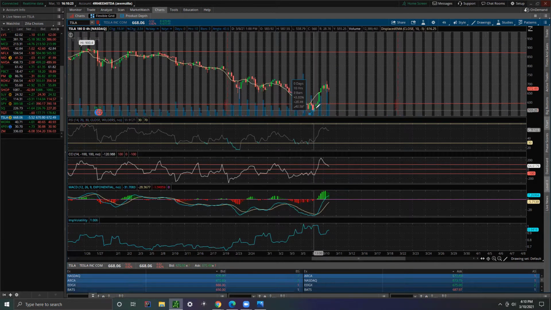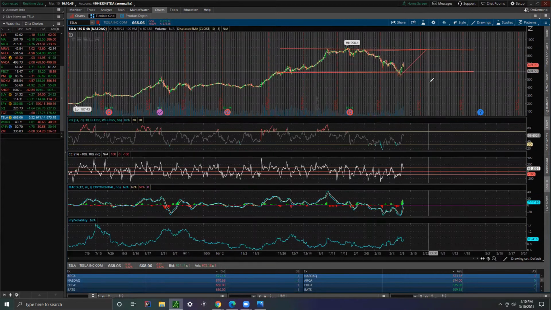Just to give you an example, from right here, it doesn't have to be perfect, but make sure that you're lining up your candles on the bottom, and then you want to connect them at the top. So yes, that's just one example.